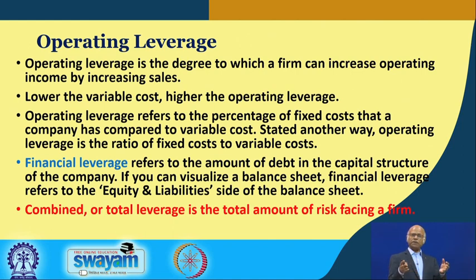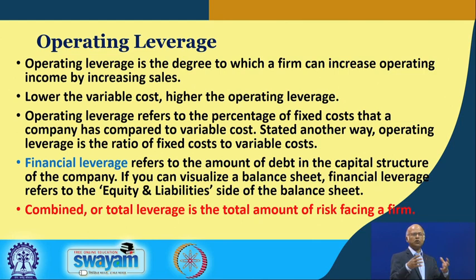Now, suppose the bank tells you that we cannot give you 30 lakh rupees of loan if you bring only 10 lakh rupees. You bring 20 lakhs, we are going to give you 20 lakhs. That means the bank is trying to suggest that you go for less leverage.